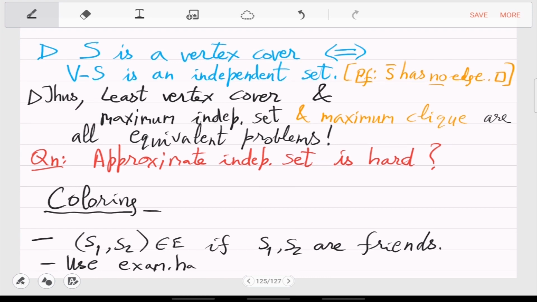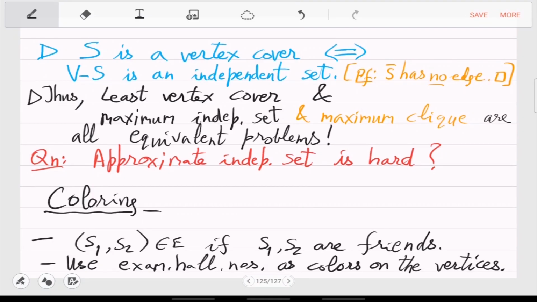So these kinds of examples are there. We have already mentioned these examples.